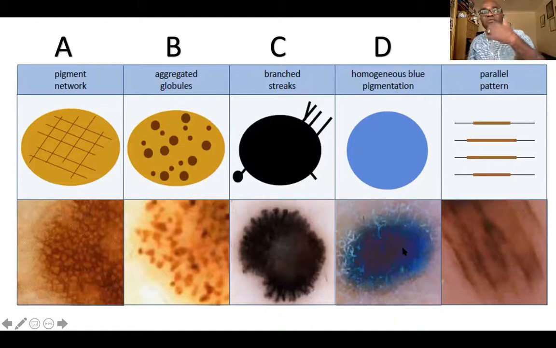Okay, and then the fifth diagnostic criterion of a melanocytic lesion is a parallel pattern, which you see on the acral surface. This is either the palm or the sole of the feet. These are all melanocytic criteria.